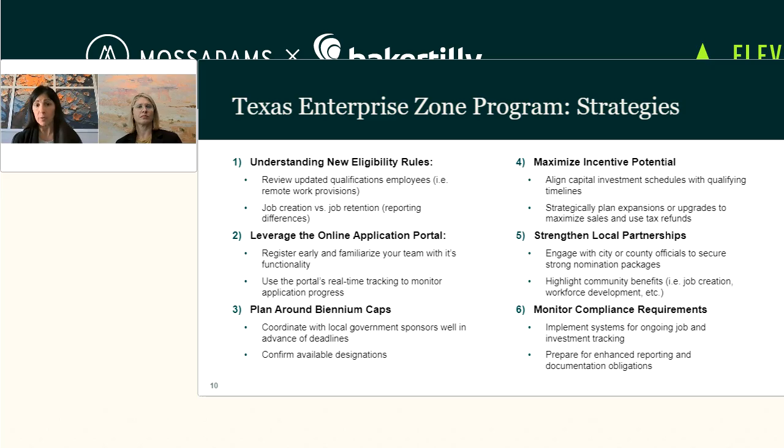And last, I would want to stress compliance and what it looks like. If you're entering into the program, you're going to want to make sure you have systems available to you to pull this information. So again, do you have access to the payroll system, or is your HR going to provide you with the report?